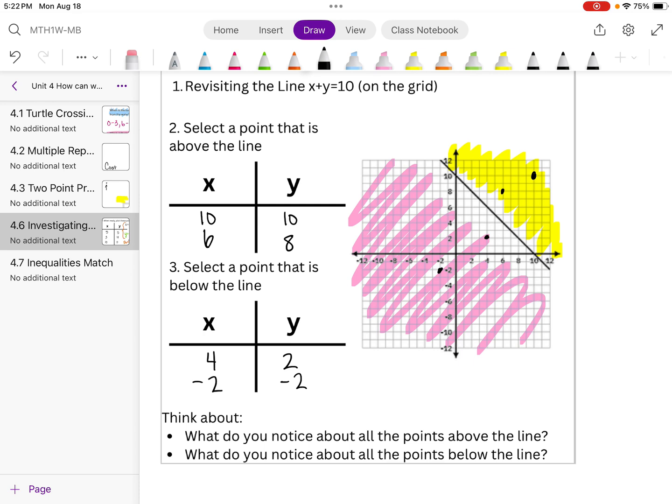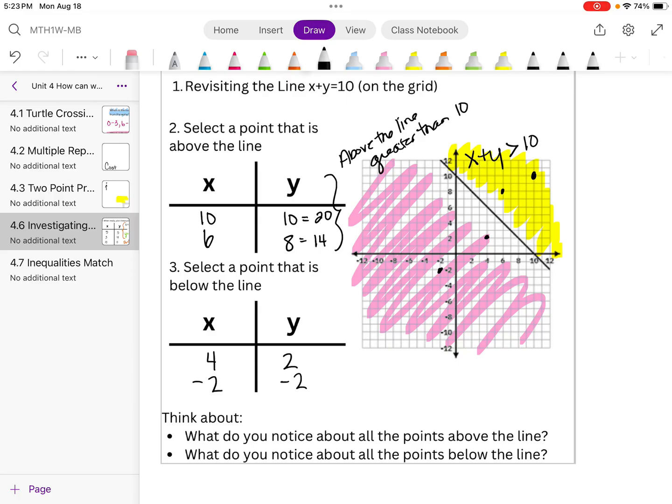So if I look at these points that are above the line, when I add them up, 10 plus 10 gives me 20. 6 plus 8 gives me 14. Notice that points above the line are greater than 10. So I can write this section of my graph as x plus y is greater than 10.